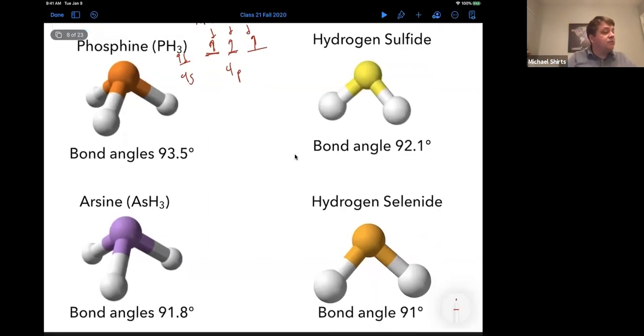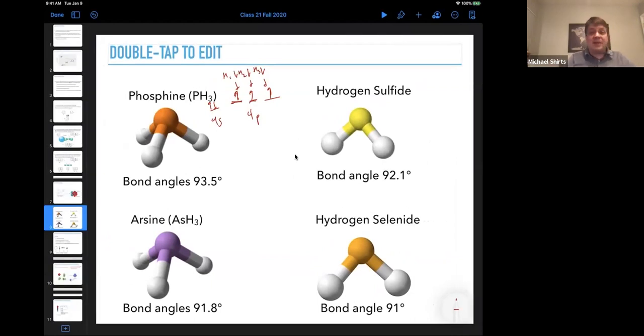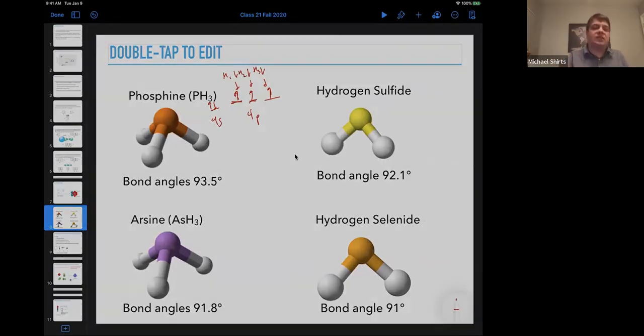And so these are, again, relatively good descriptions. As you go down to heavier atoms, which have a little more metallic character, it does get closer and closer to that 90-degree angle between all of the atoms. So that's cool that in many cases you can describe the covalent bonds just as combinations of atomic orbitals.